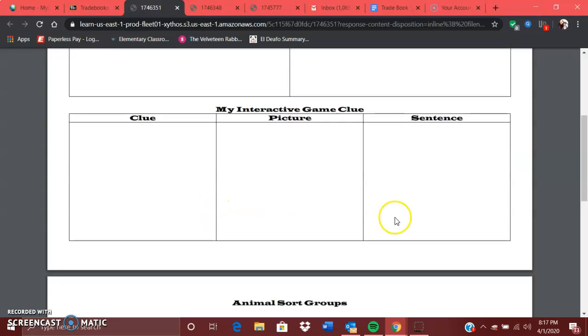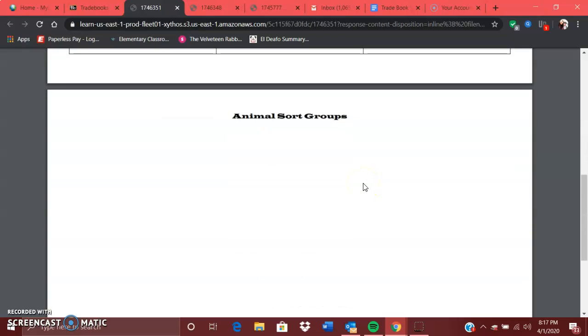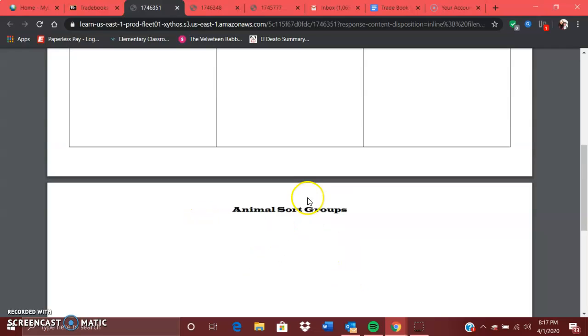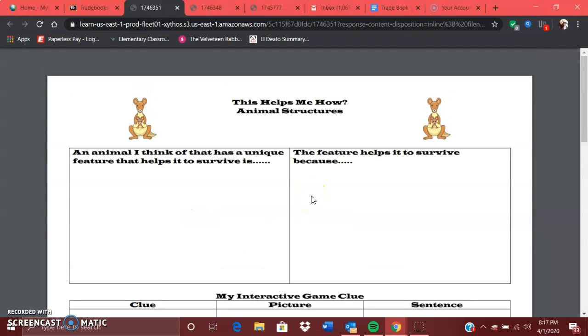They can make it into a game with clues, pictures, or write a sentence, and animal sort groups. They can do it on paper. You can make it fun by having them draw it, cut them out, color them, paste them where they go, create flannel pieces, use pipe cleaners, being more creative with art supplies.